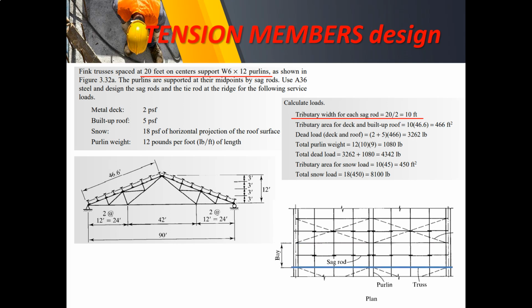So if these are the trusses, of course, half of 20 is 10 because this is 20, and according to the problem, your purlins are supported at the mid of that 20. So therefore, the tributary width for each sagrod will be 10.